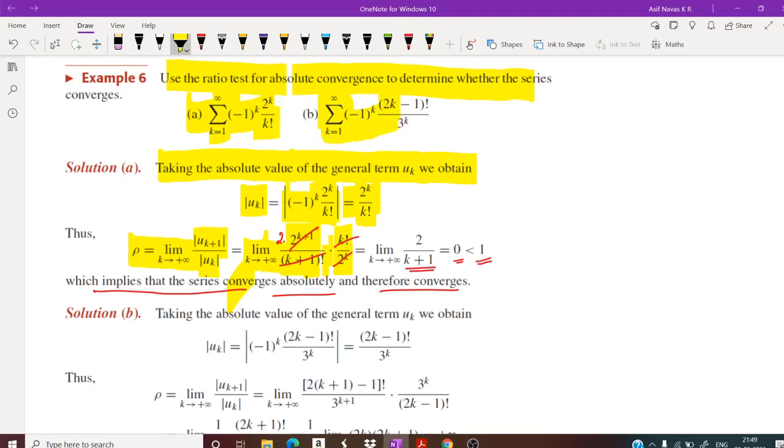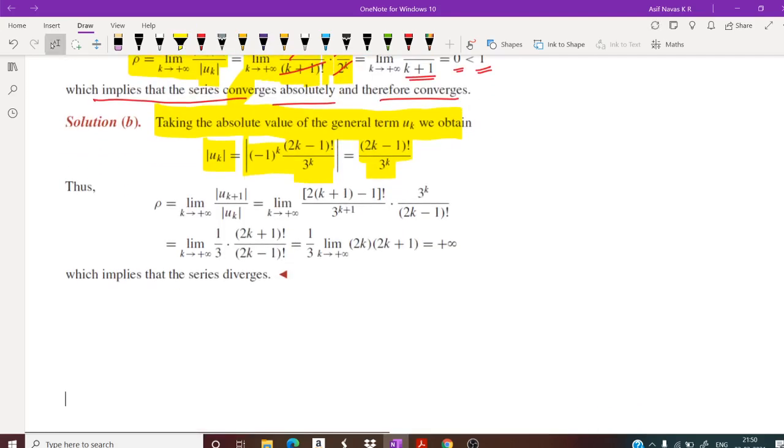Now, for the second problem, sigma k equal to 1 to infinity, minus 1 power k, 2k minus 1 factorial divided by 3 raised to k. So taking the absolute value of the general term uk, mod uk is equal to modulus of minus 1 power k, 2k minus 1 factorial divided by 3 raised to k. So that is equal to 2k minus 1 factorial divided by 3 raised to k.